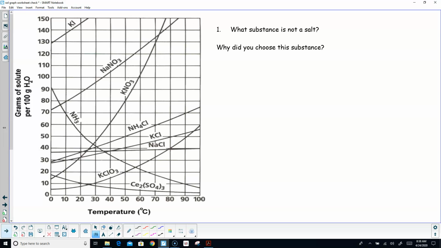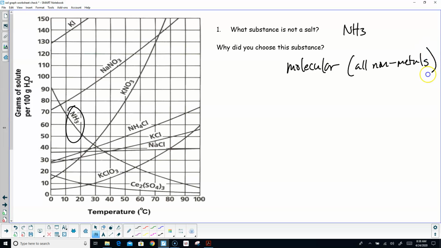This should be 13. What substance is not a salt? Well, this one, ammonia. You know how you know it's not a salt? It's molecular. It's made of all nonmetals. When I say a salt, they are ionic crystalline solids, so you have a metal and a nonmetal, a cation and anion. Ammonia is not. It is covalently bonded, a nitrogen sharing electrons with hydrogen, all nonmetals.